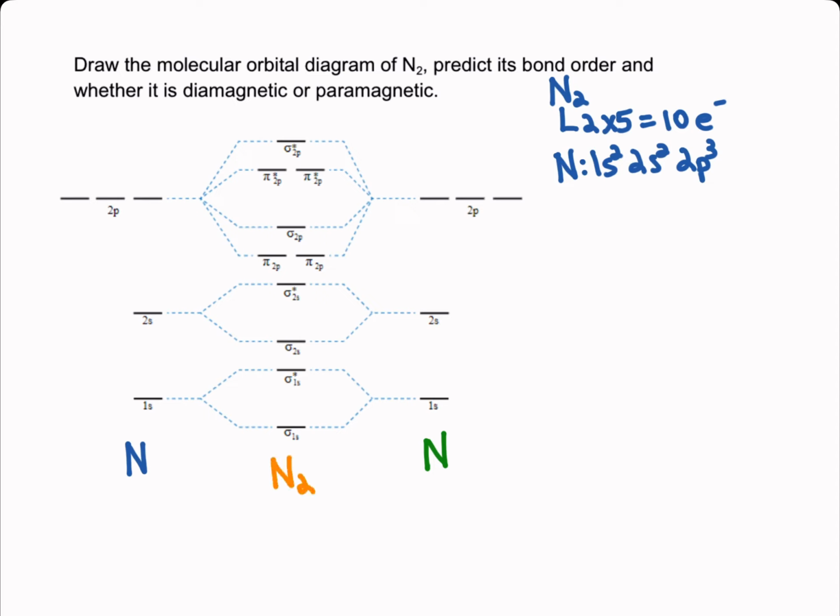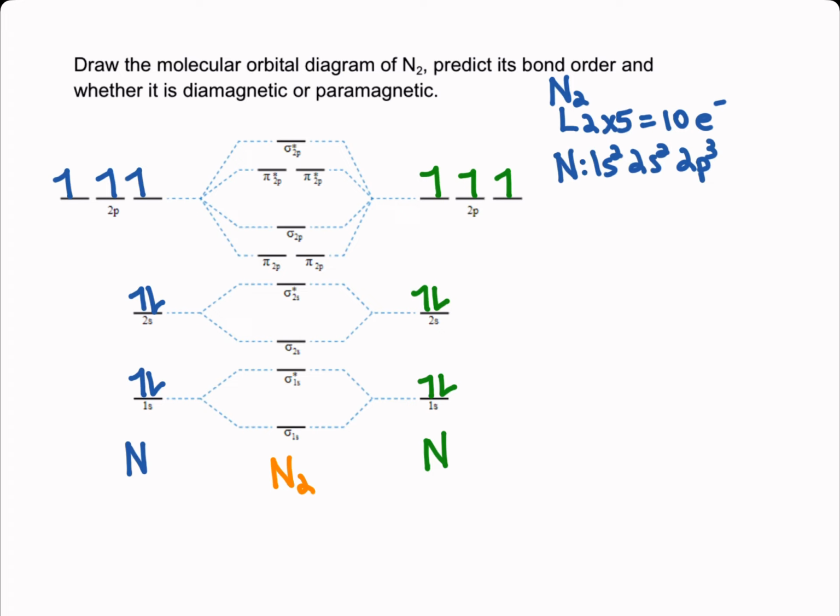So we're going to start off with the orbital diagram on the left: 1s2, 2s2, 2p3. And on the right, 1s2, 2s2, 2p3. Now we want to describe the bonding that happens in N2.